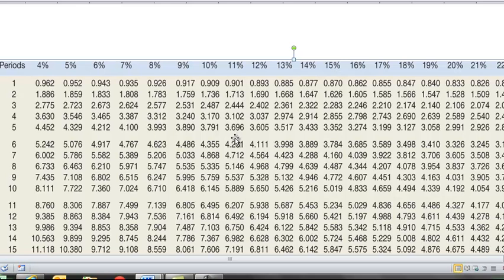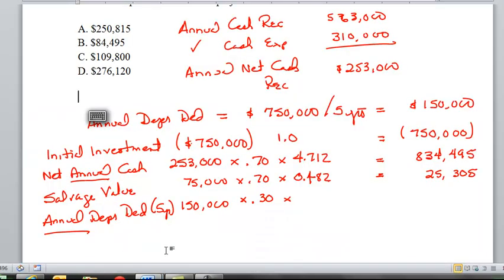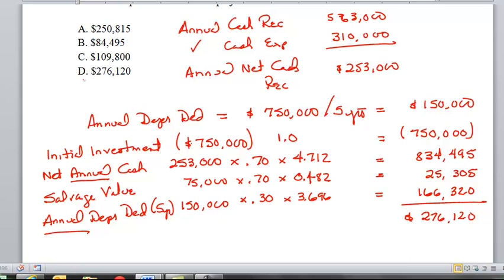So it's 3.696. And we get 166,320. So our net present value would be 276,120, or answer D.